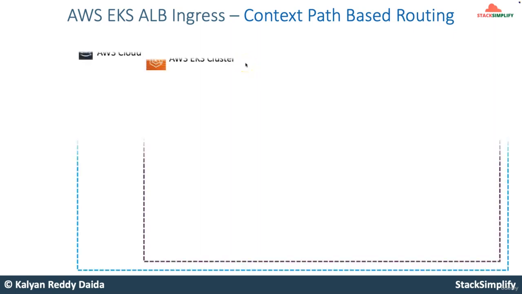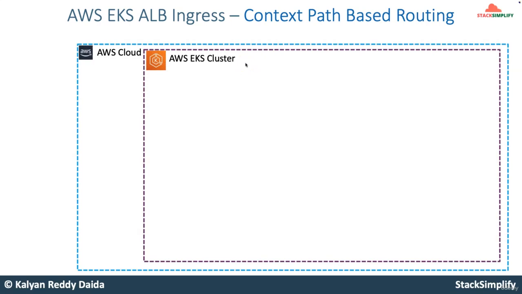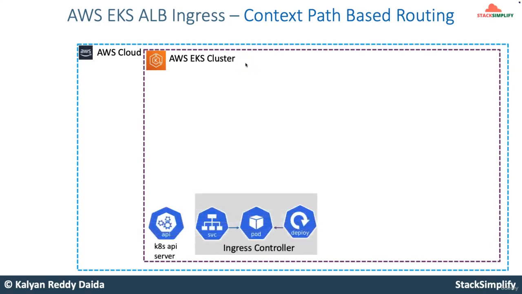So in the AWS cloud, you have created the AWS EKS cluster, and in the EKS cluster, in the kube-system namespace, you have installed the ingress controller. So the ingress controller related deployment, which eventually creates the ingress controller pods, and also you have the ingress webhook service.